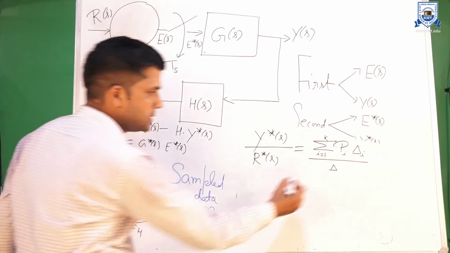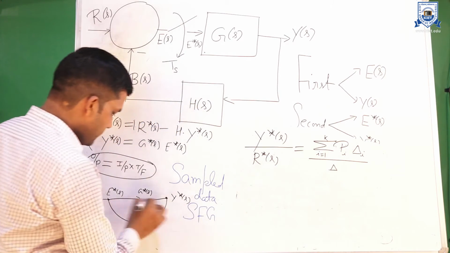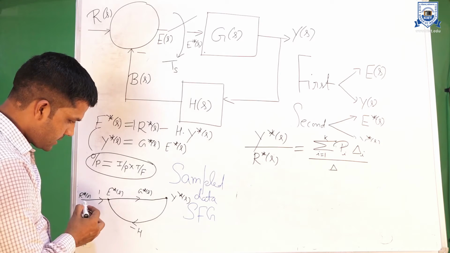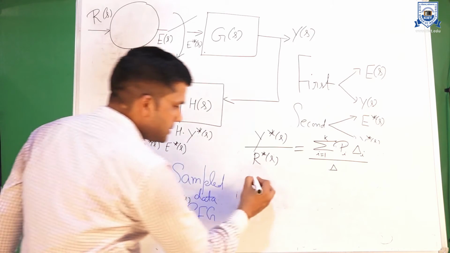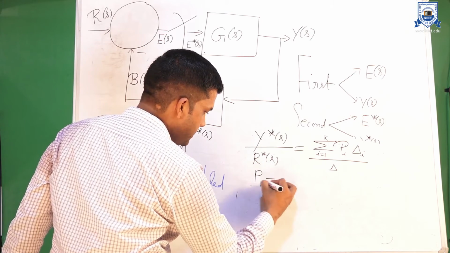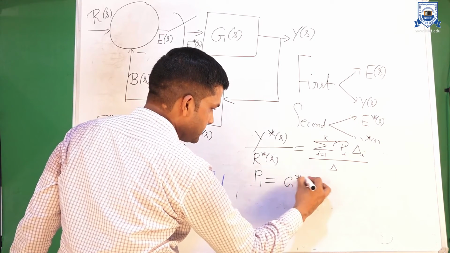Here there is only one forward path, so P1 is equal to G star(s).